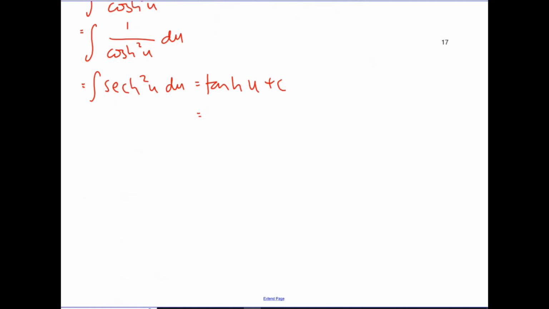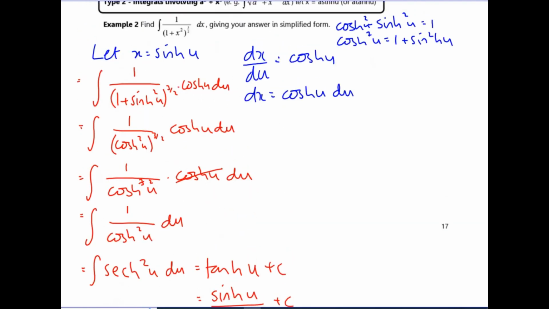Now I need to turn this back into x. So to do that, I'm going to write tanh as sinh over cosh, because sinh u is just x. Cosh, I can use the identity to write that in terms of sinh. So if cosh squared is 1 plus sinh squared, I can just square root that.